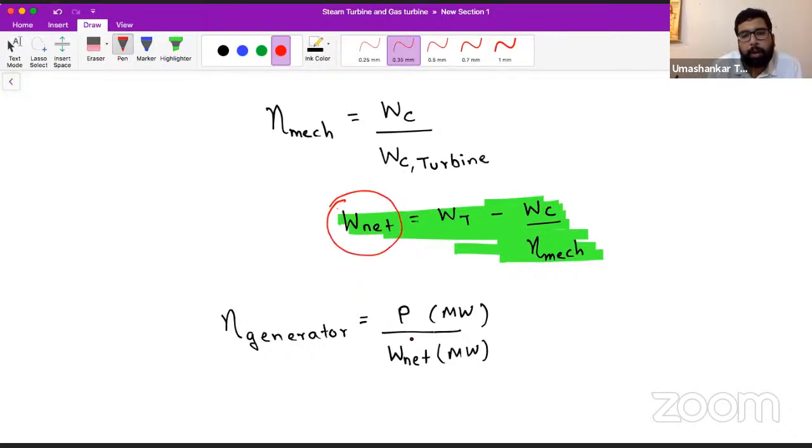This and this are going to be the same. This is the power which is ultimately going outside of the plant, in the form of electricity created by the generator. So if generator efficiency is given, you can calculate your W net in megawatt, or vice versa.